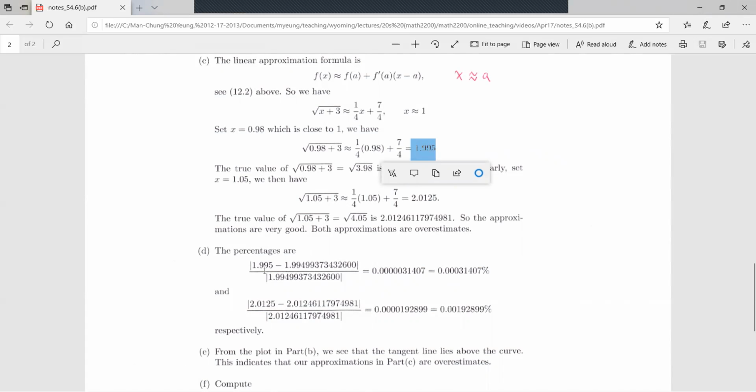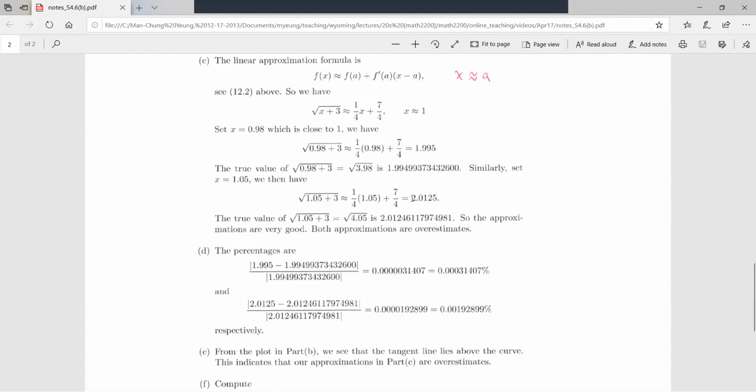By formula, estimate minus exact value. Exact value is this. Then divided by the exact value. It is this number. And translate this number into percentage. Then we get the percentage is this. The percentage is very small. That means this estimate is very good. This is a very good approximation to the exact value.